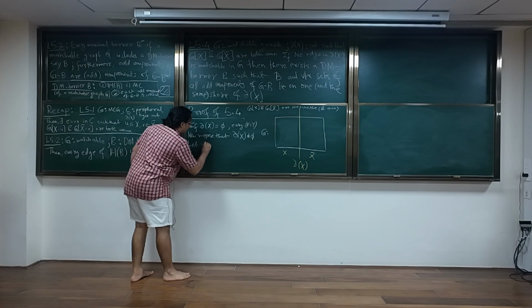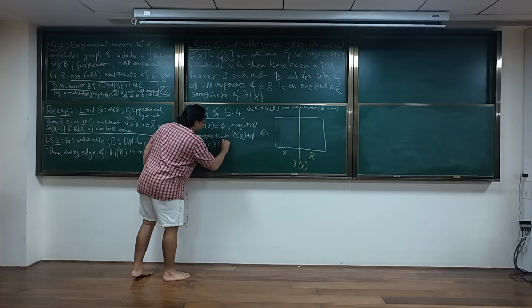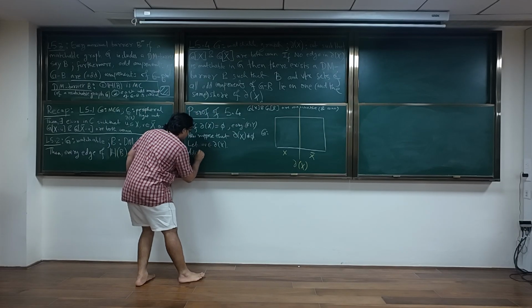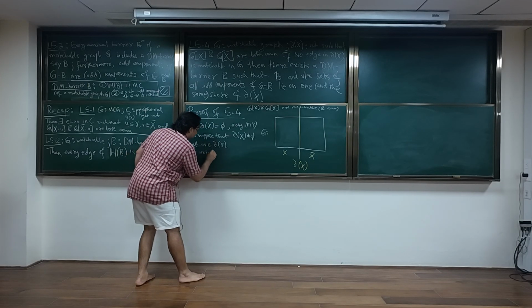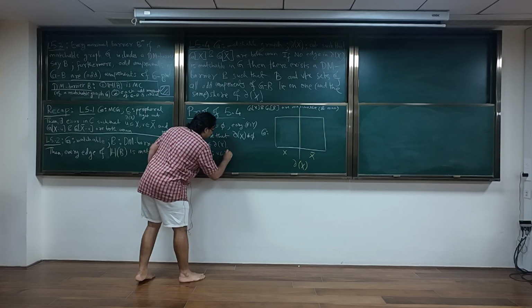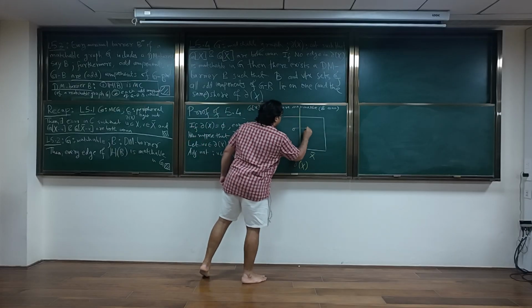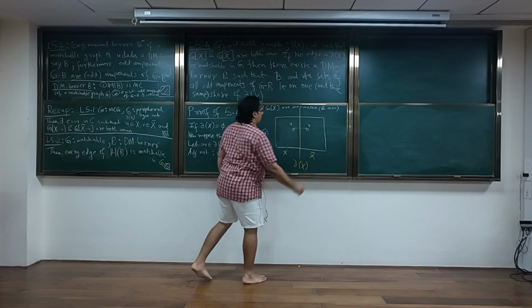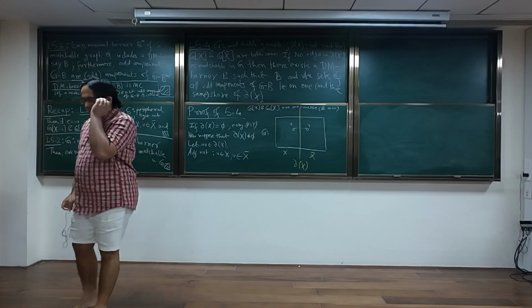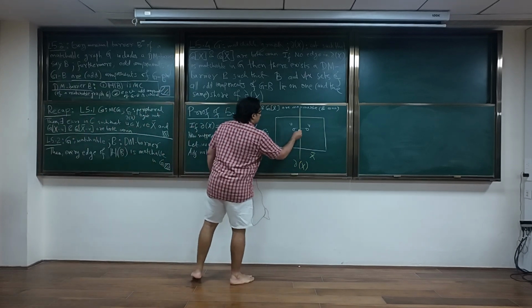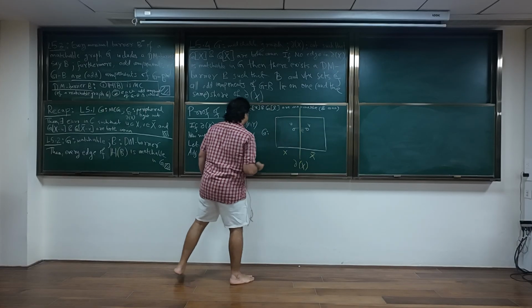Let UV be an edge in partial x, so that U is in x and V is in x bar. Maybe I should call it E equal to UV. There might be more such, there might be parallel edges for all I know.